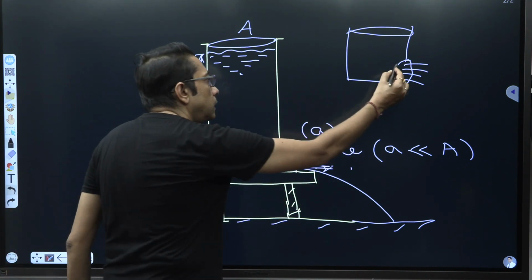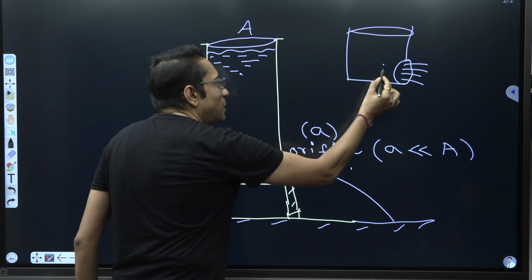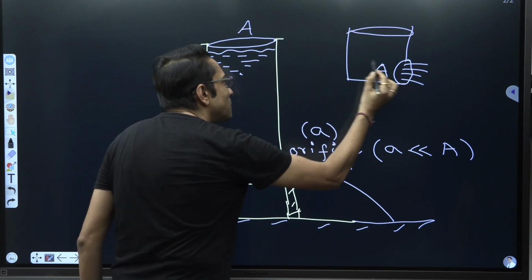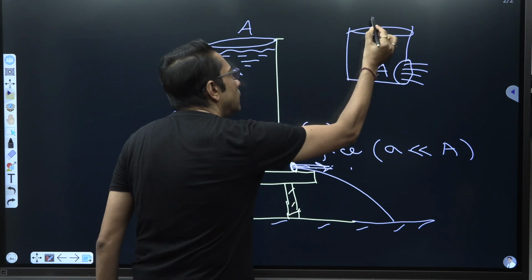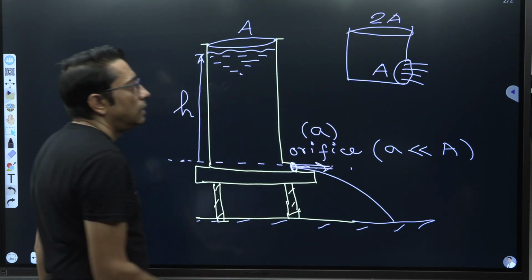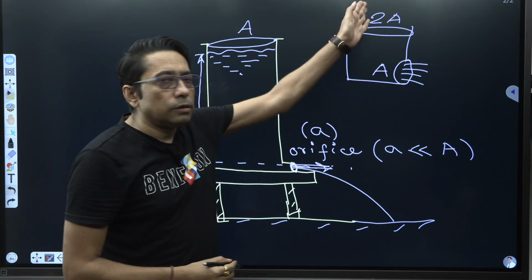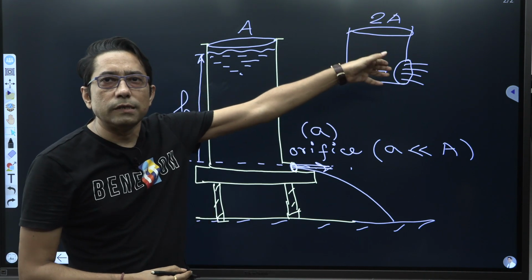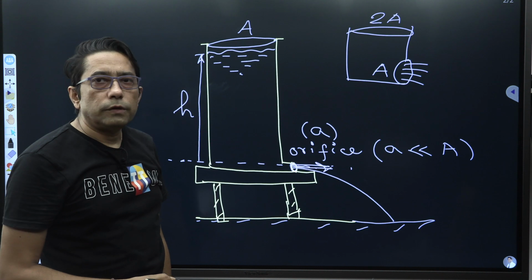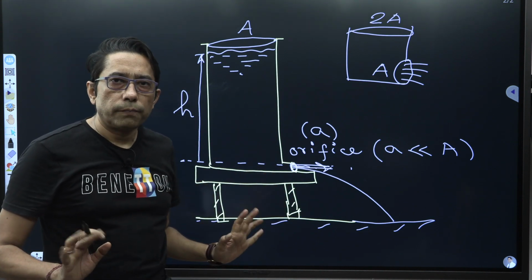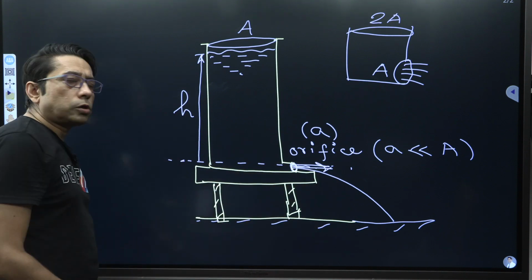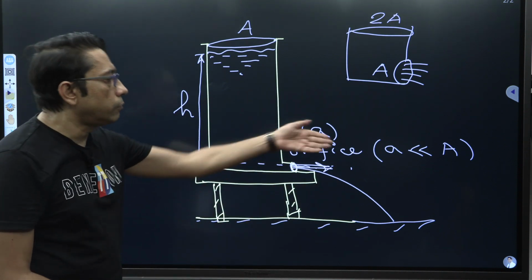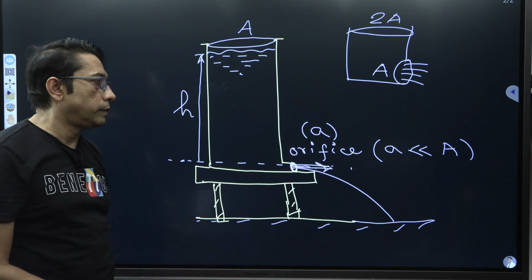But here, suppose the size of the hole is A, and the area of the container may be just double of that. That means they are comparable to each other, around the same size. We don't call it an orifice, we call it a normal hole. But here, a small hole made at the bottom of a container through which a liquid comes out is called an orifice.